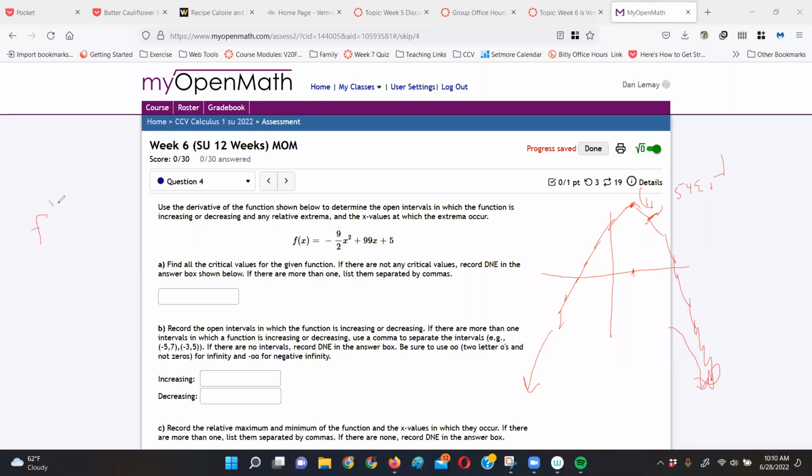Well, f prime of x equals -9x plus 99, right? So where does that equal 0? I'm going to subtract 99, then divide by -9. And lo and behold, we get x equals 11, which is what we got when we did that -b/2a trick. So there is one critical value.